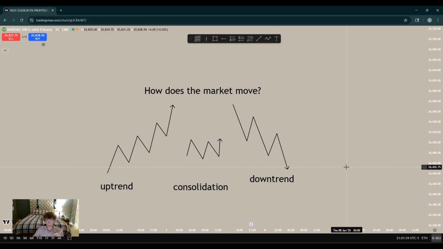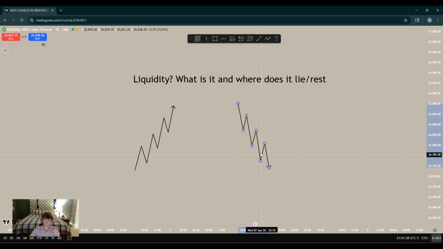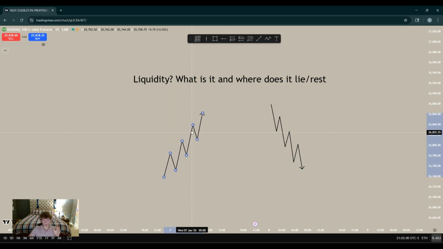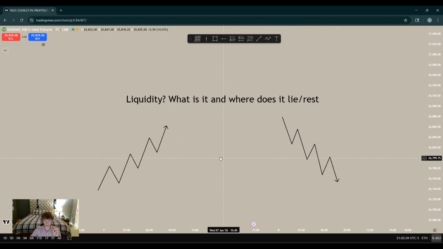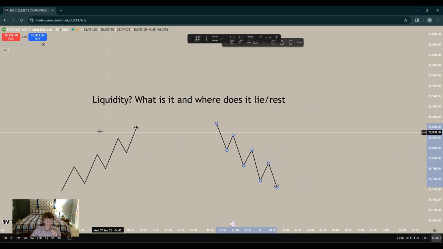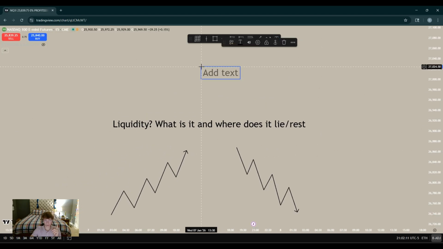But there's one major thing, and it's called liquidity. So what is liquidity and where does it rest? We have our two trends here. But what is liquidity? I want you guys to write this down.